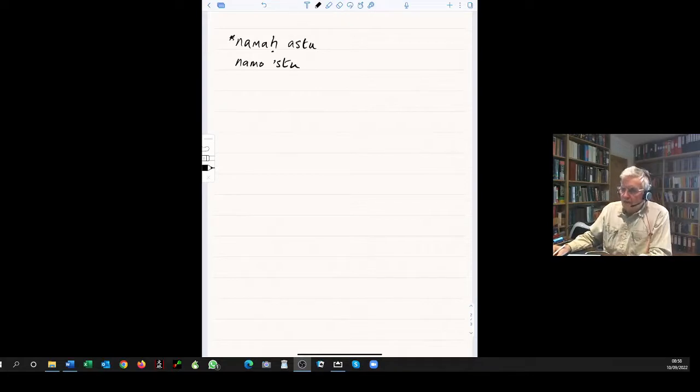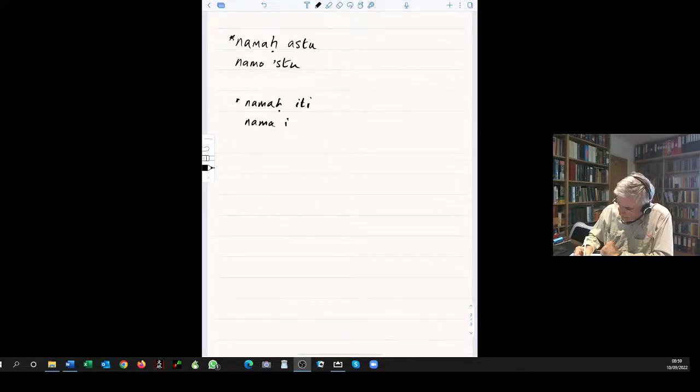If, however, the following vowel is anything other than a short a, then all that happens is that the visarga drops off. So if you want to write, for example, namah iti, that just becomes nama iti. And the remaining vowel remains in place.